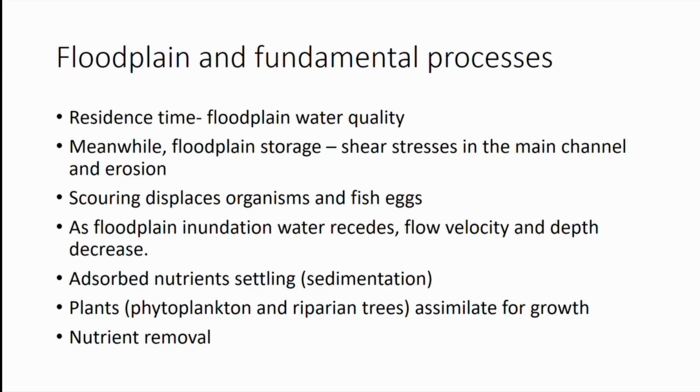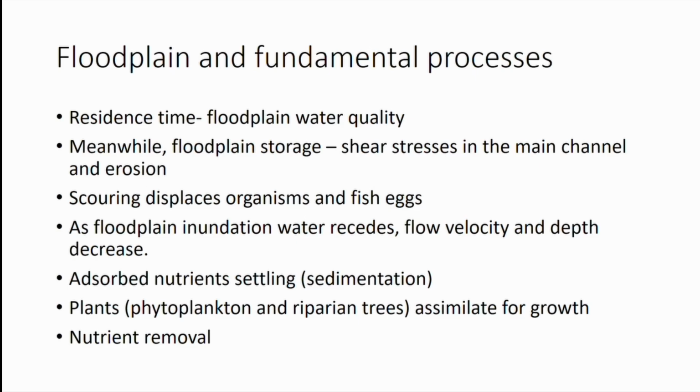So all that I've talked about so far are just how the river influences the floodplain. But you can also have the floodplain also influencing the river. So it can store excess water from the river. So you would only have flooding occurring when the carrying capacity of the river is exceeded.